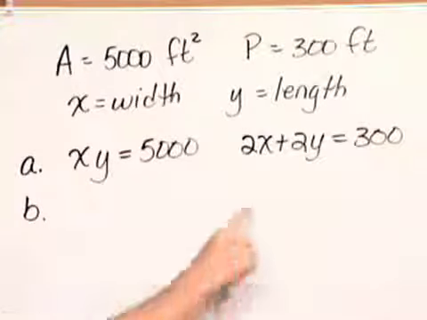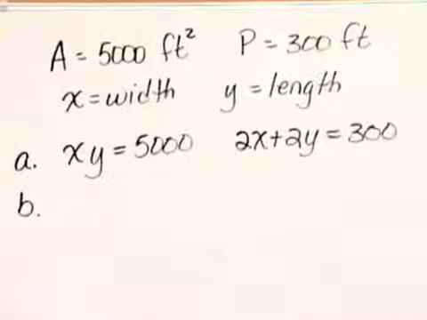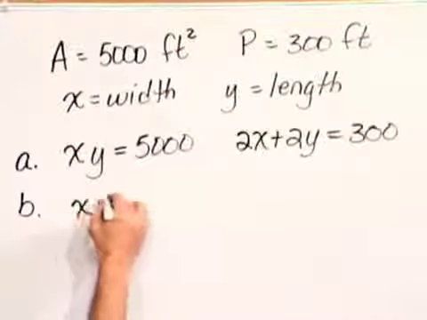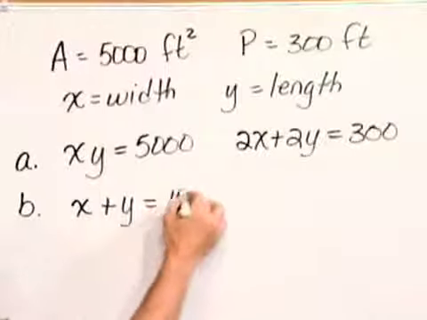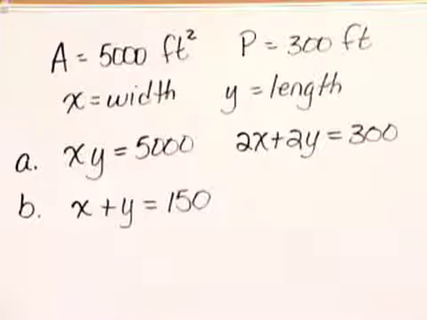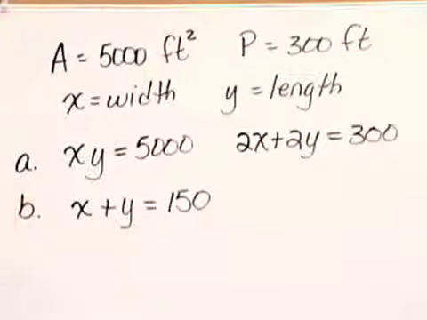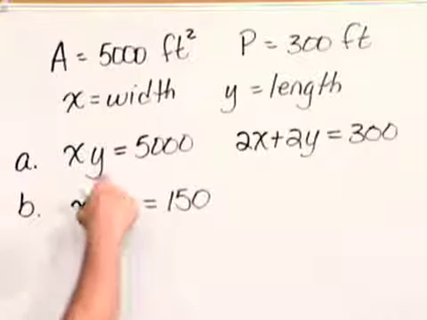Well, the first thing is, let's simplify this equation by dividing both sides by 2. That would yield the equation x plus y equals 150. Then what we can do is take the first equation and solve it for y.